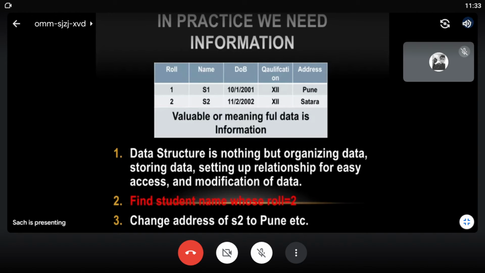Can we say that a record is a structured organization of a data structure? Yes, indeed. Now, if you want to change or modify, it is also possible to go directly to that record and update the contents. We will see this as we move forward in this section.